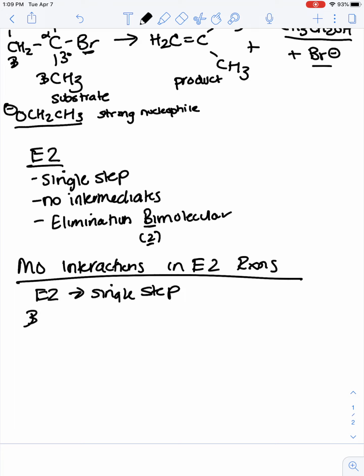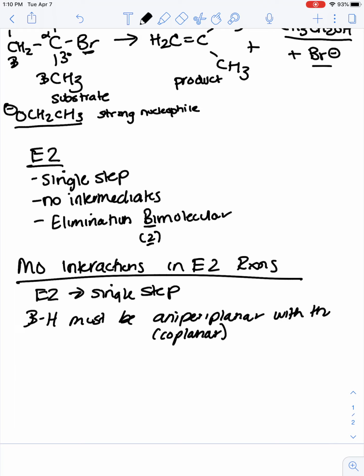So what must happen is our beta hydrogen, the hydrogen that's being removed, must be anti-periplanar. You may also hear the term coplanar with the leaving group. So we have heard this term before. So remember, the anti-periplanar just means that it's going to be 180 degrees from each other.